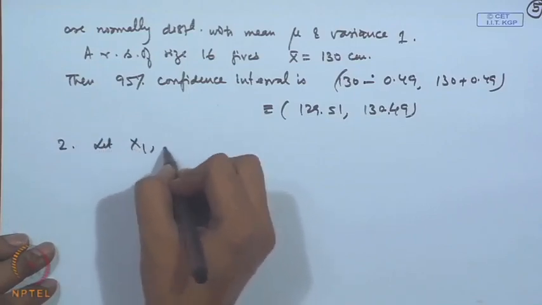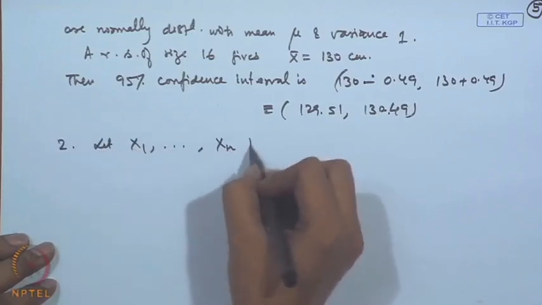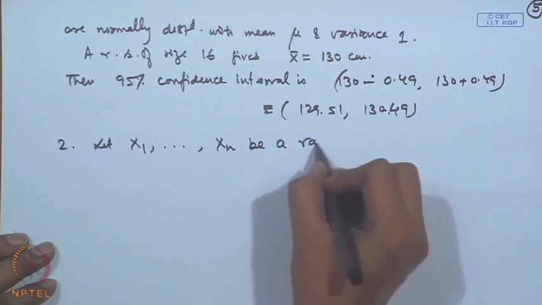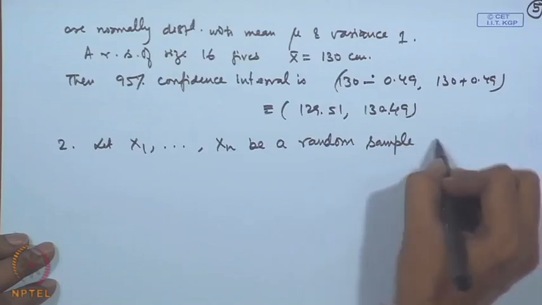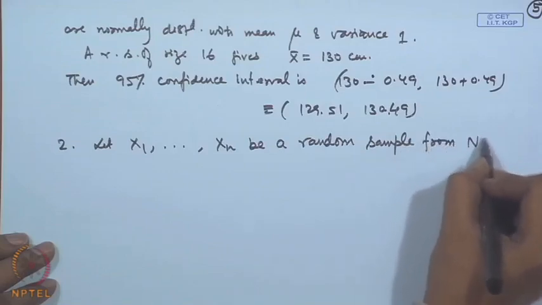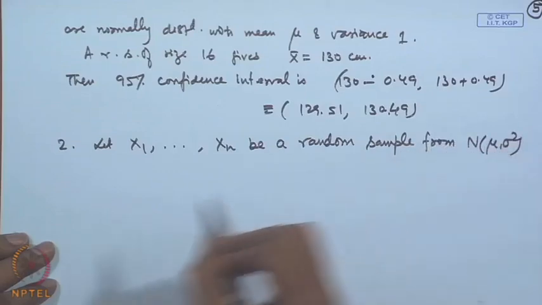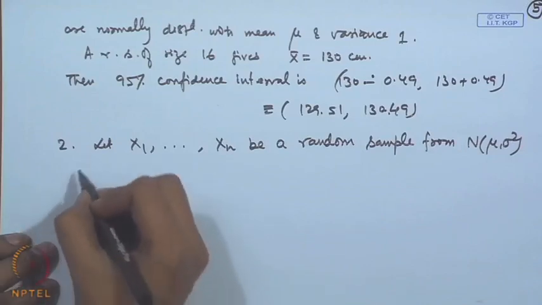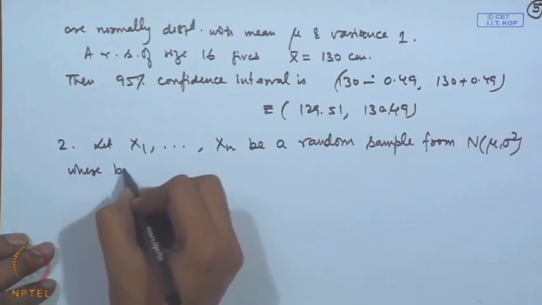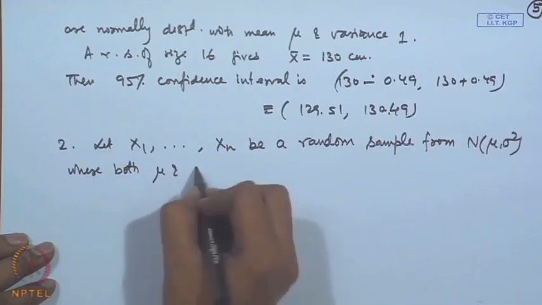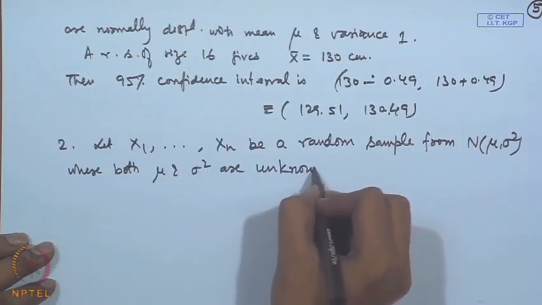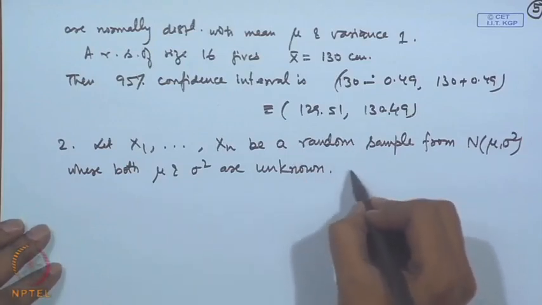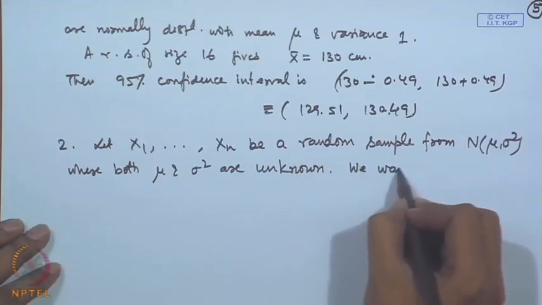Let x 1, x 2, x n be a random sample from normal mu, sigma square, where both mu and sigma square are unknown, and as before we want the confidence interval for mu.